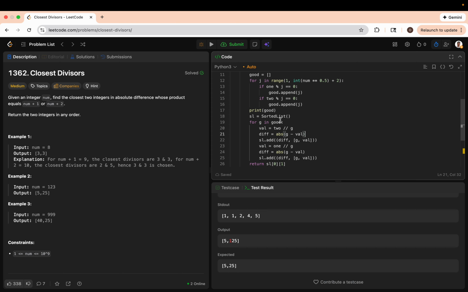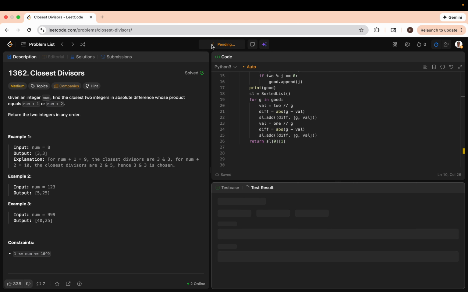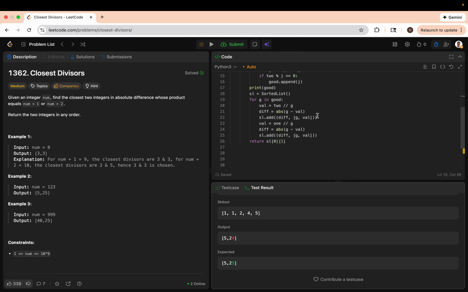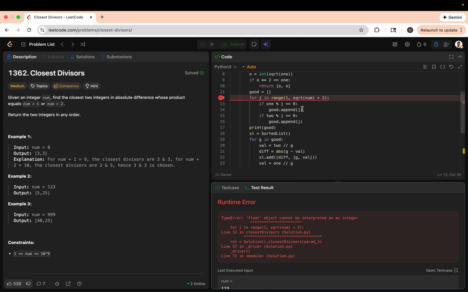Because two is the original number that we're given. So let's go ahead and run this. Okay, still some mistakes. Perhaps let's do a square root of num plus 2. Let's do this.